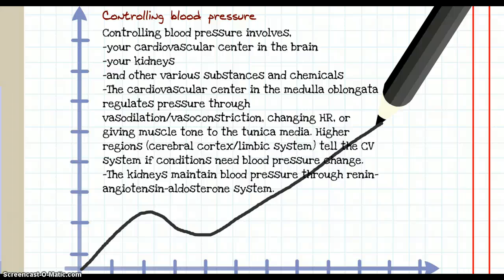Angiotensin 2 allows your blood vessels to contract or vasoconstrict. After that, angiotensin 2 also stimulates your brain to tell your kidneys to release aldosterone. And aldosterone allows your kidneys to keep in water and sodium ions. Because of this, it increases your blood volume, hence increasing blood pressure.